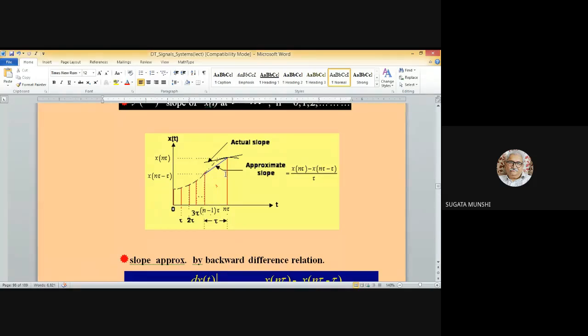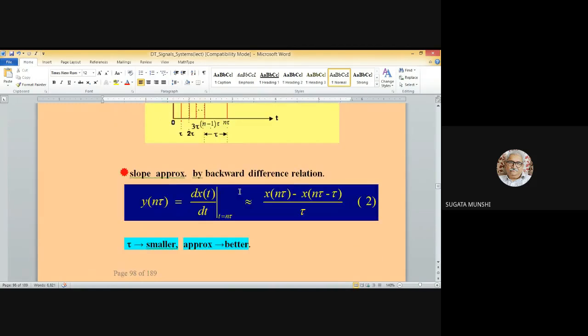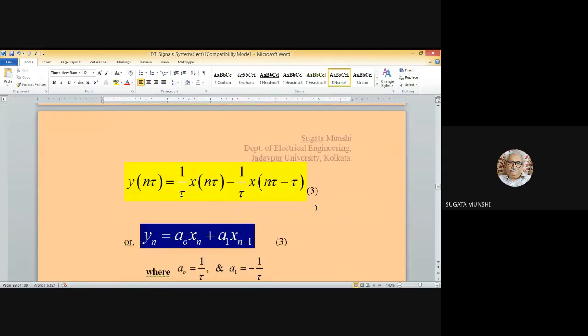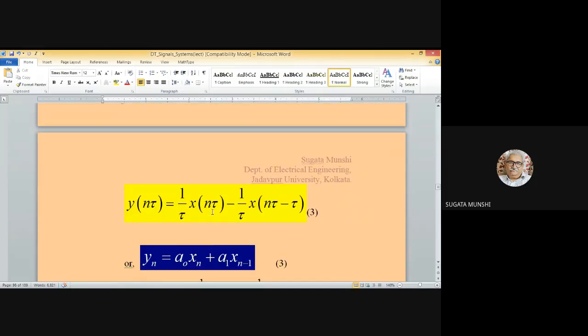That is the slope. You understand? So that's why I have written here y n tau is approximately x n tau minus x n tau minus tau by tau. That means 1 by tau into x n tau minus 1 by tau into x n tau minus tau. Is it clear?